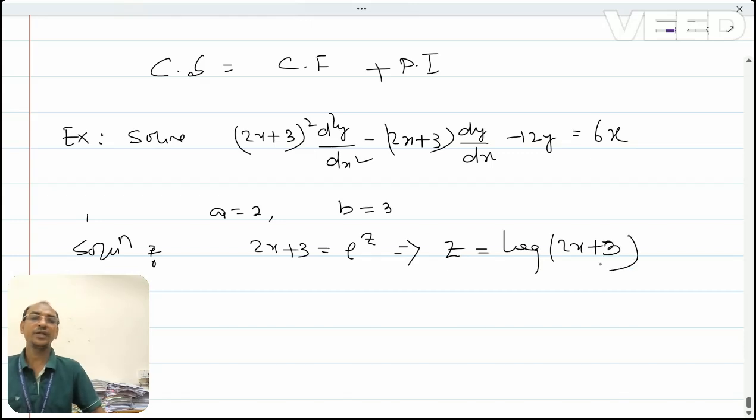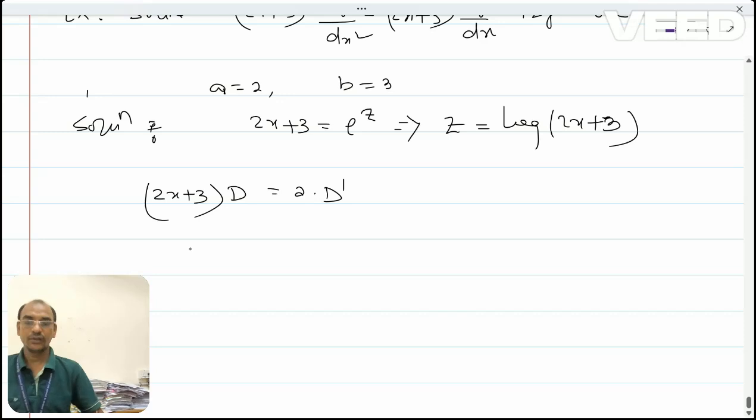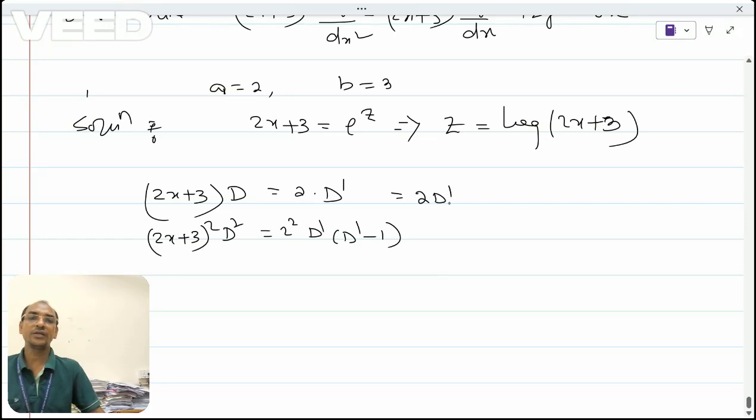And because of this transformation, (2x plus 3) D will be nothing but 2 into D dash, and (2x plus 3) whole square D square will be 2 square D dash into (D dash minus 1). And so this is equal to 4D dash into (D dash minus 1).